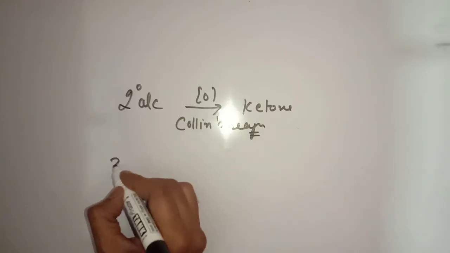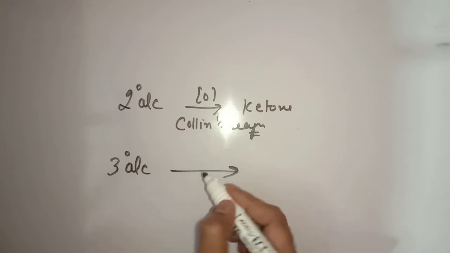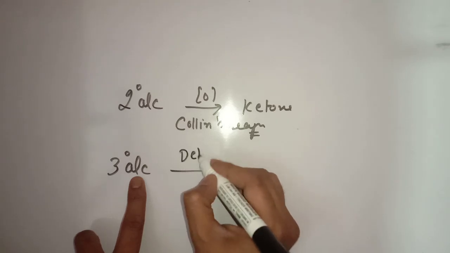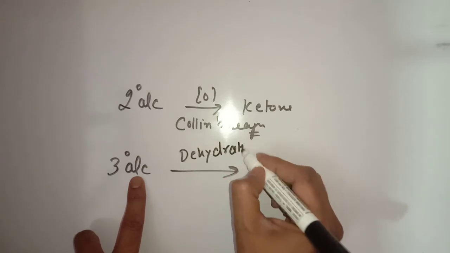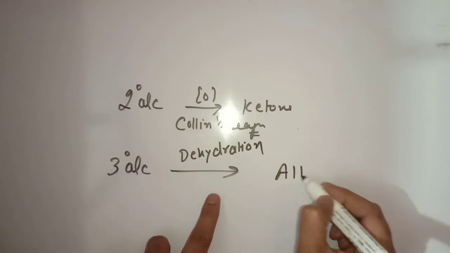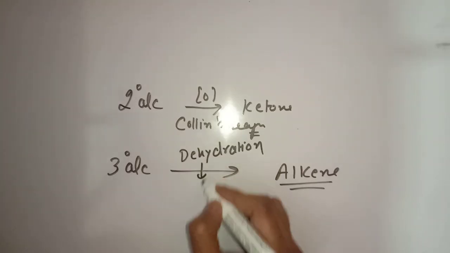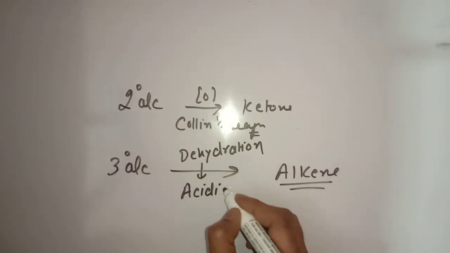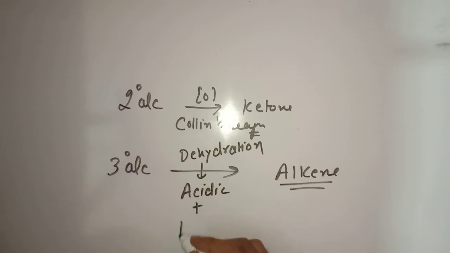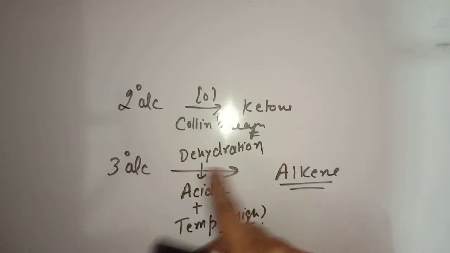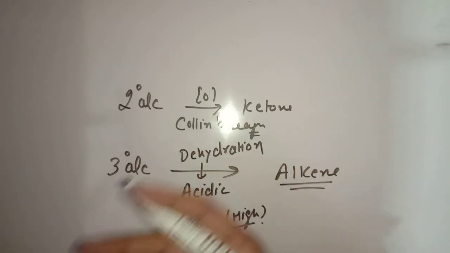Now whereas 3 degree alcohol, we are very well aware of 3 degree alcohol. 3 degree alcohol first shows the process of dehydration. It will create alkene firstly. But for dehydration, what conditions are required? Acidic conditions plus high temperature. Both conditions are not available in Collin's reagent. Number 1, it is not acidic. No acids I have used, sulfuric acid, hydrochloric acid.